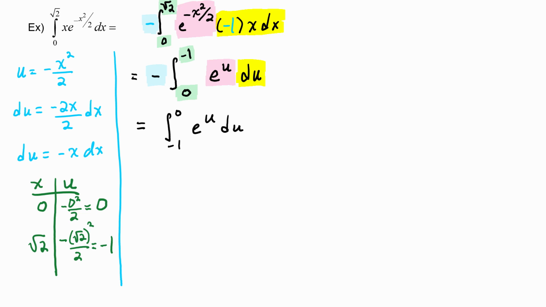And all we did was apply the rule that said the integral from b to a of f of x dx is equal to the opposite of the integral from a to b of f of x dx. And anytime I can get rid of a negative sign, I really like to do that.